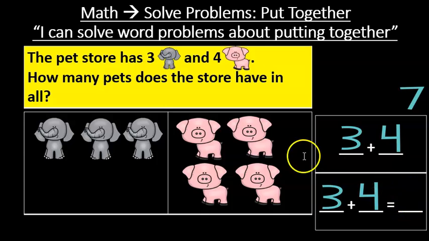To get this number now, you have to count up the elephants and the pigs together. Let's count. 1, 2, 3, 4, 5, 6, 7. So 7 goes there. Let's put 7 there. Now, boys and girls, that's all we're doing now, okay?